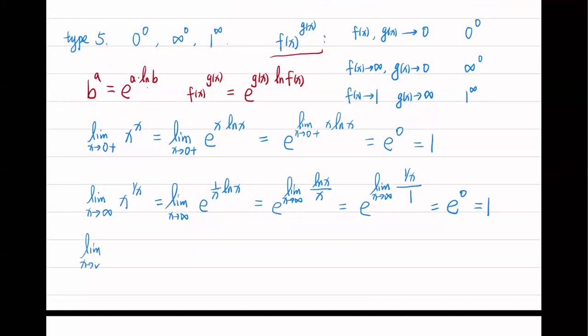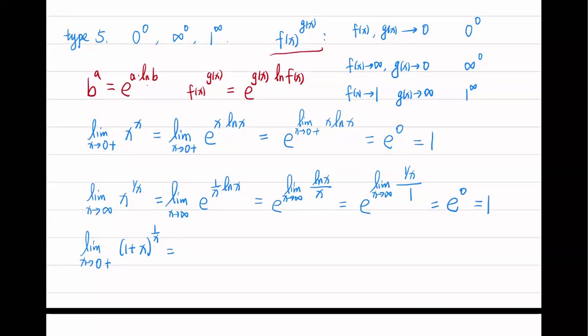Limit to infinity. Okay, let's go to 0 or infinity. 1 to the infinity. Let's go to 0. Make this simple. Limit as x goes to 0 of 1 plus x, to the 1 over x. Okay, Sakina, how do you deal with this? What's the first step?